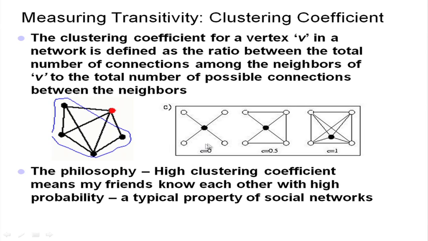Similarly, the clustering coefficient for the second example is 0.5, because there are 3 edges between the neighbors, and there could be a possible 4 C2 edges. That is how you measure. For the third example, the clustering coefficient is 1, because all the nodes that are neighbors of the black node are completely connected. That is how you measure the clustering coefficient for each individual node.